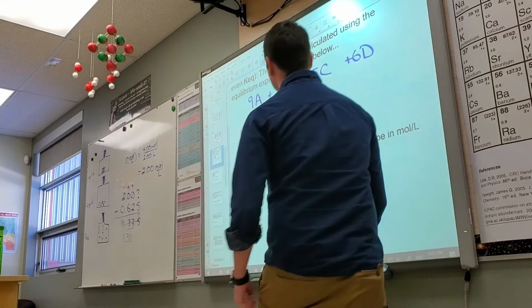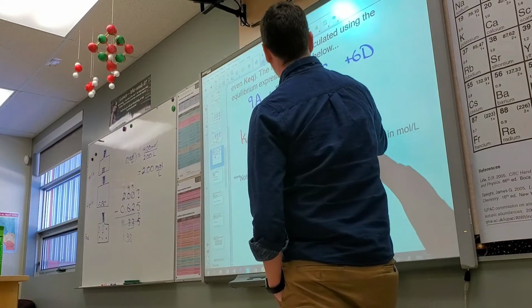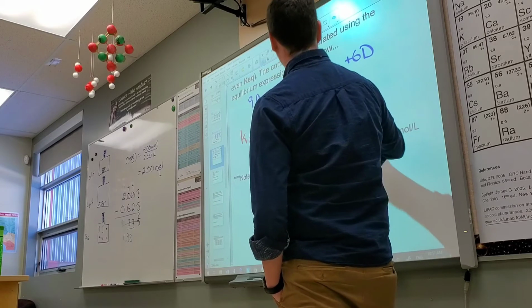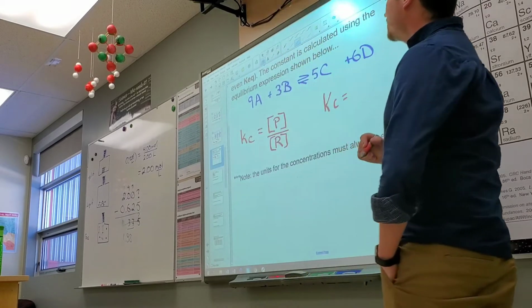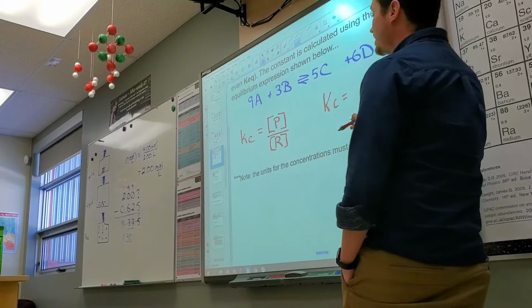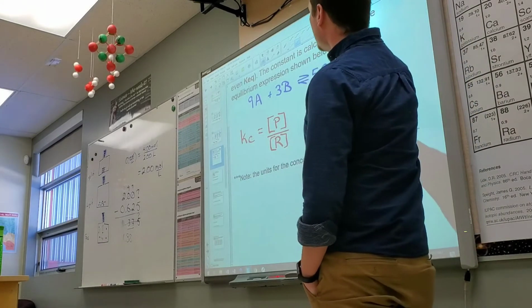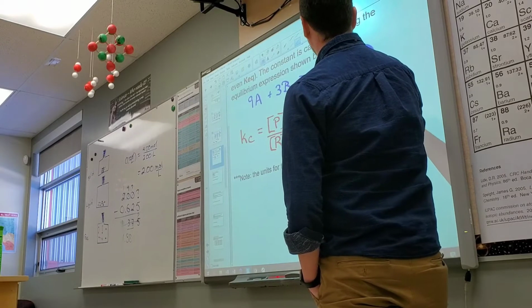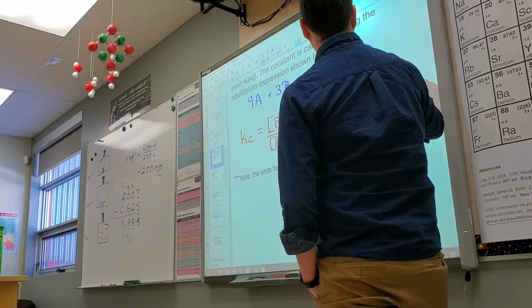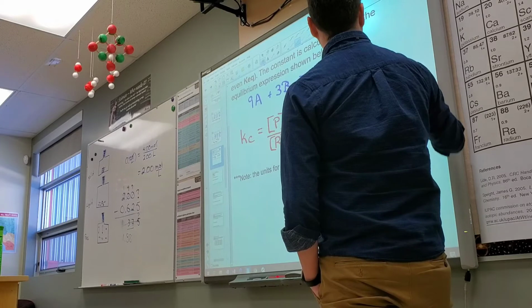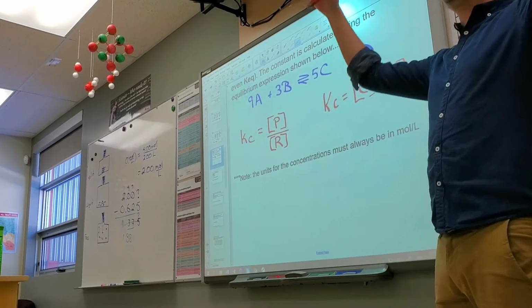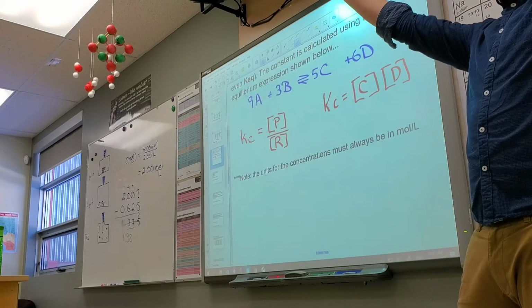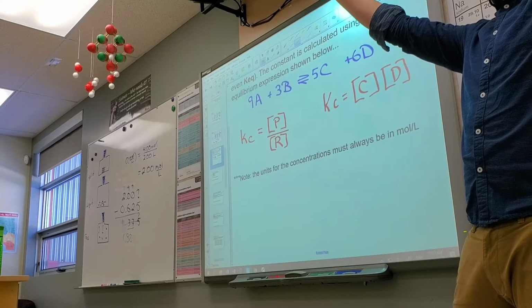But more specifically, the Kc is equal to each individual product raised to the power of their coefficient.